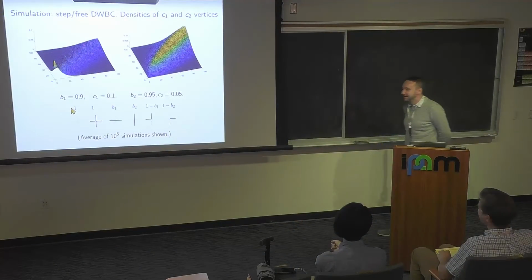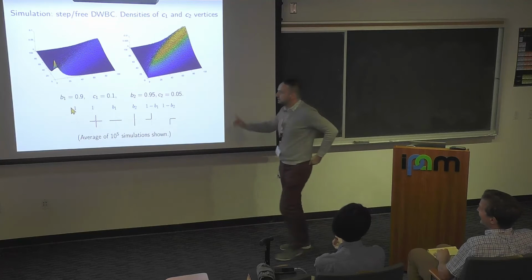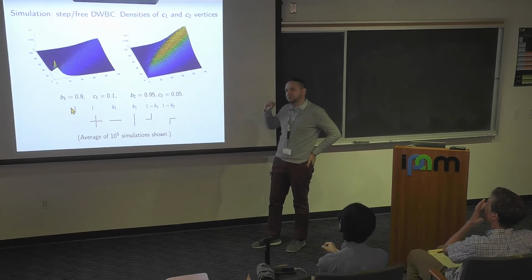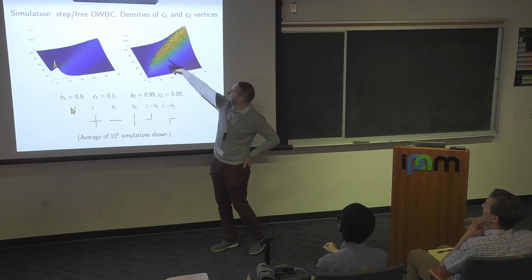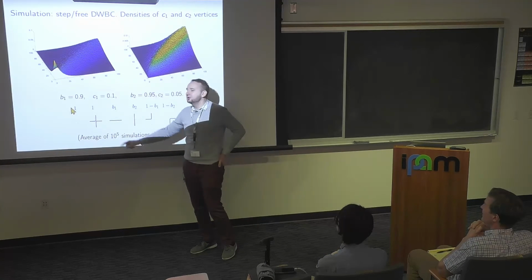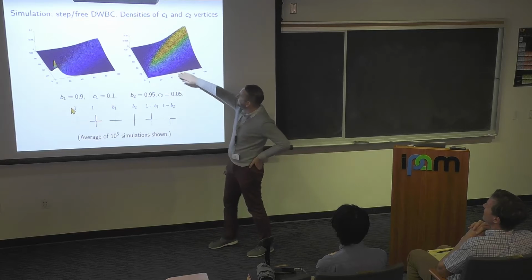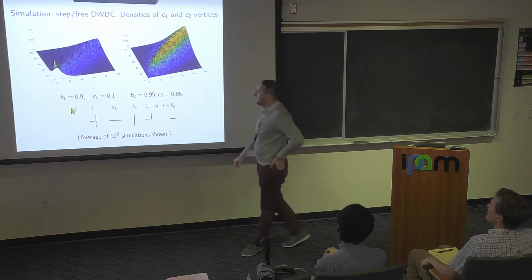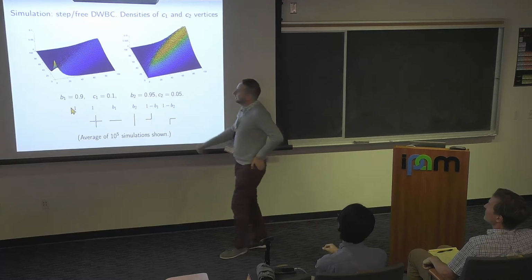So this is a simulation, and it's actually not so easy. You need to wait a little bit to get a good simulation here, because to get this plot, I averaged over 10 to the 5 simulations. And still you see that it's a little bit shaky. It's not completely smooth. The reason is, what am I really doing here?